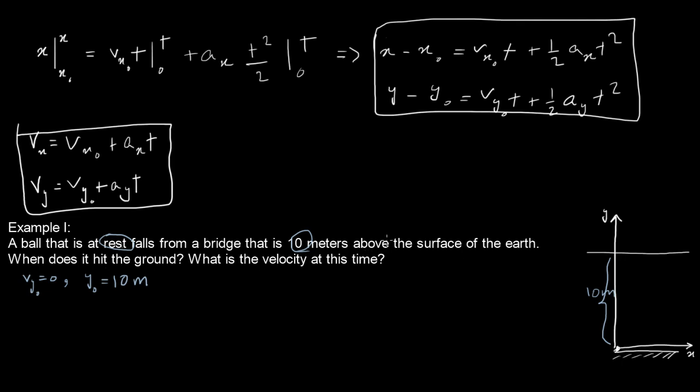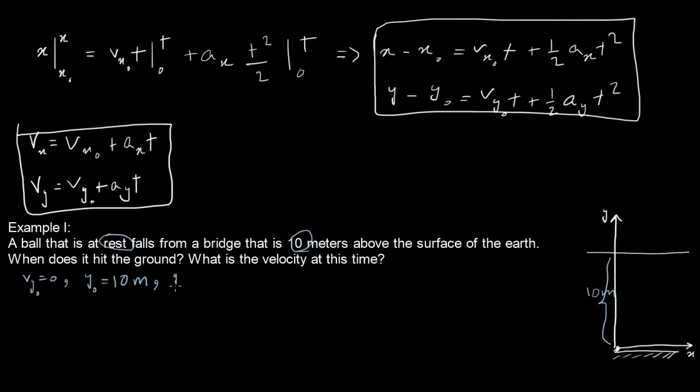Now let's see how I can use these two to solve for time, because it's asking when. It means what is the time when it arrives at the ground. So what is the y of the ground? So ground is located at y equals 0.